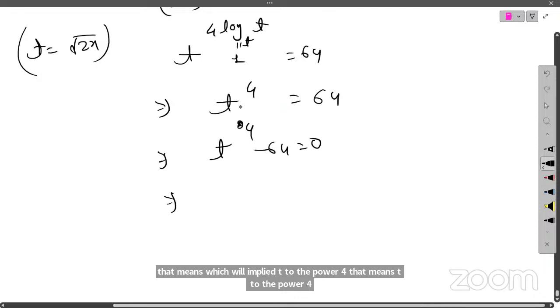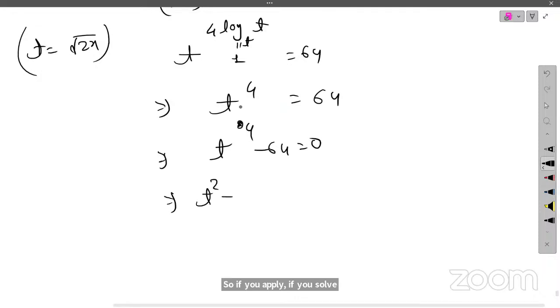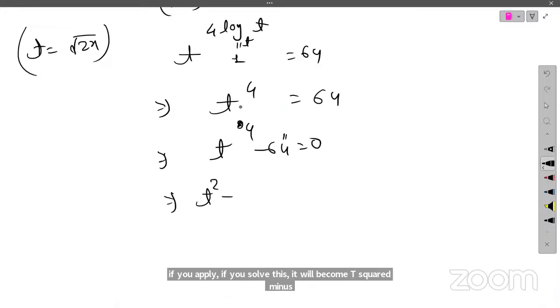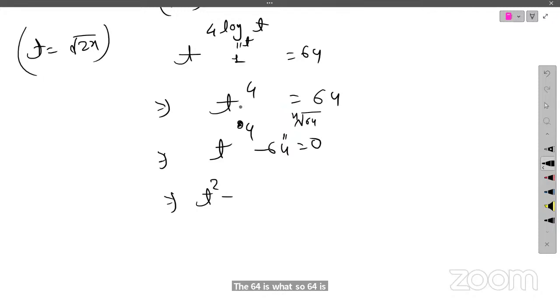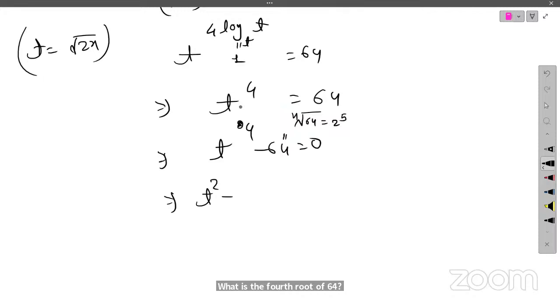So if you solve this, it will become t square minus, what is the fourth root of 64? 64 means 2 to the power 6.